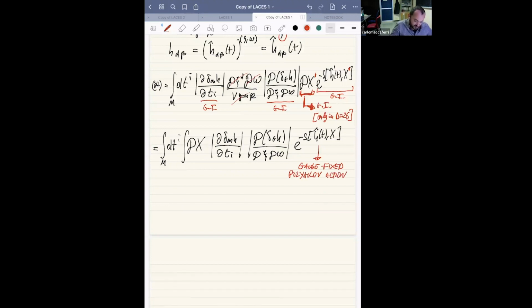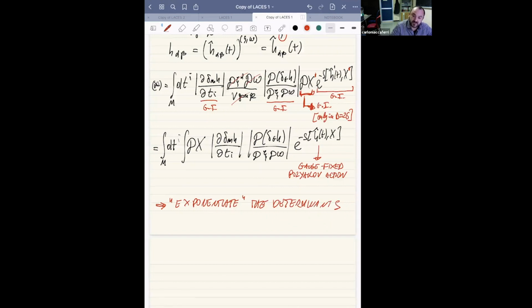Now what do we have to do? Now we have to exponentiate the determinants. I'm sure you all had a class on quantum field theory and quantization of gauge theories.